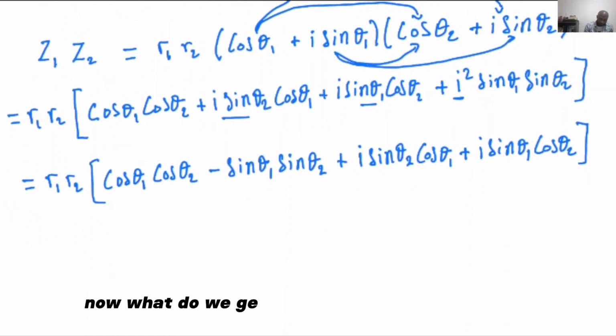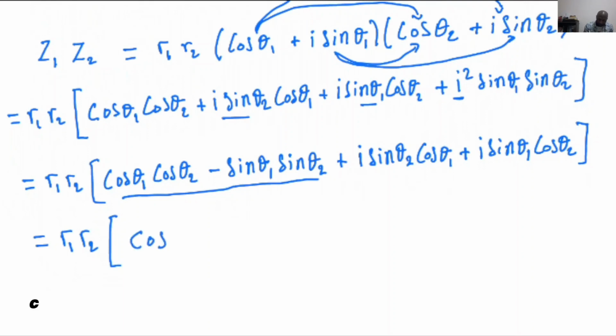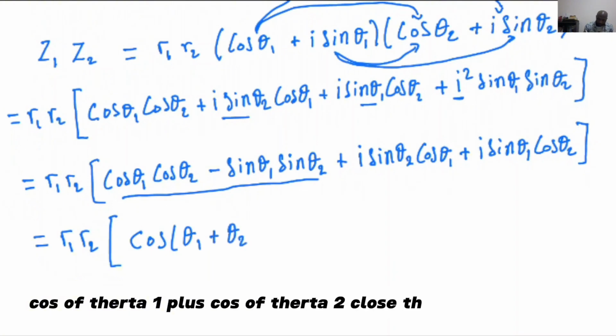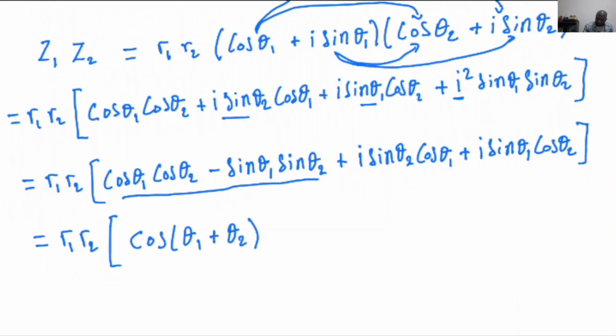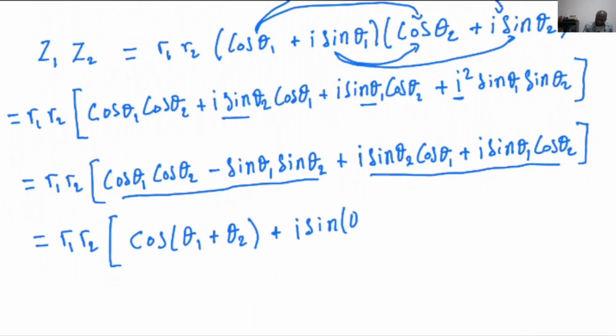Now what do we get? To continue, we have r1 times r2 into, this will simplify to cos of theta 1 plus theta 2, close the bracket. And all of this should simplify to plus i sine of theta 1 plus theta 2, and close the bracket.